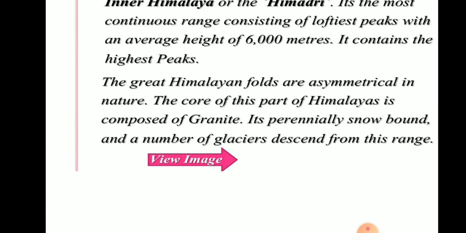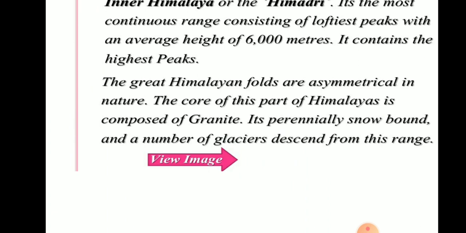It is the most continuous range, consisting of the loftiest peaks with an average height of 6,000 meters. This one is found in the innermost part, that is, the northernmost part. The average height of this Himalaya is 6,000 meters, and it contains the highest peak of the world.